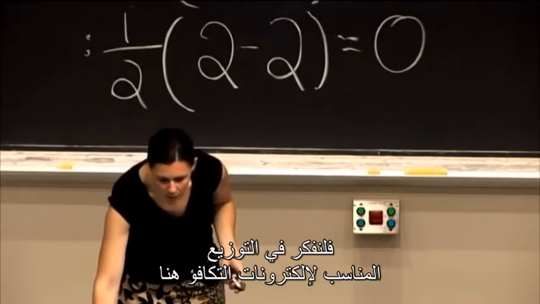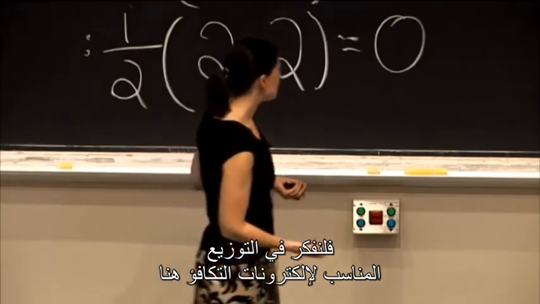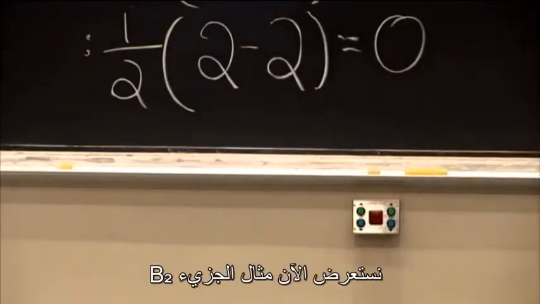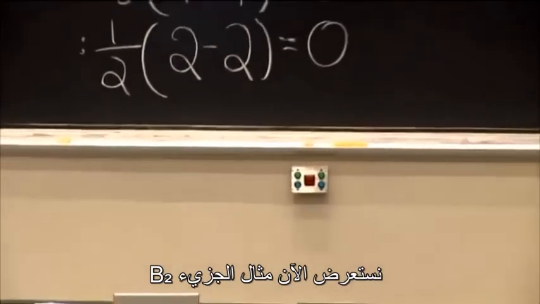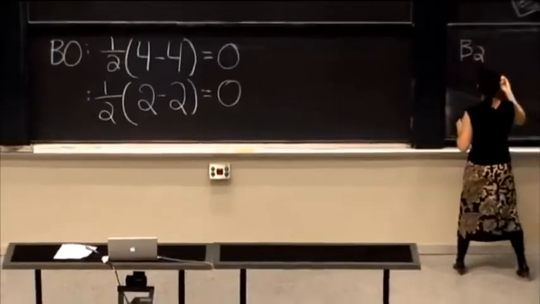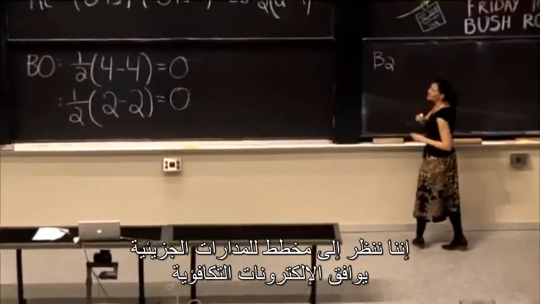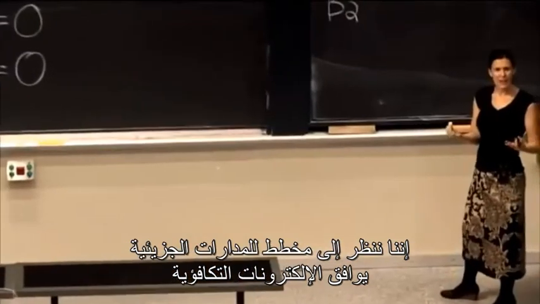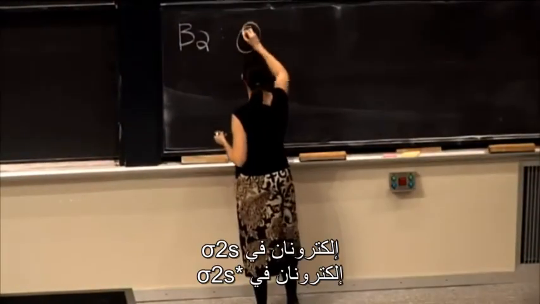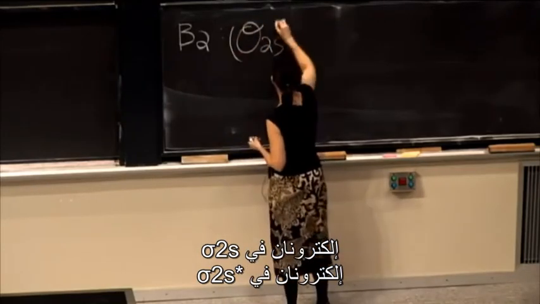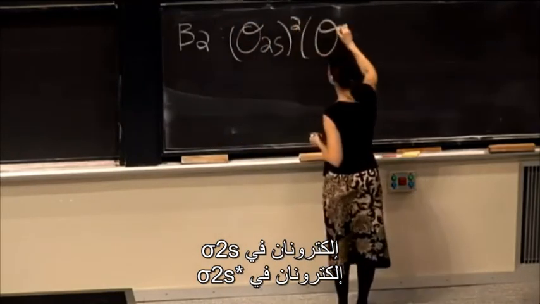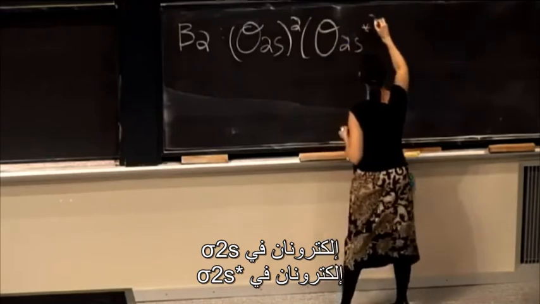So let's think about what the valence electron configuration is here. So now we're looking at the case of B2. And what we're looking at is a valence electron molecular orbital diagram. So let's just draw the electron configuration for the valence orbitals. So that will be sigma 2s 2, sigma 2s star 2.